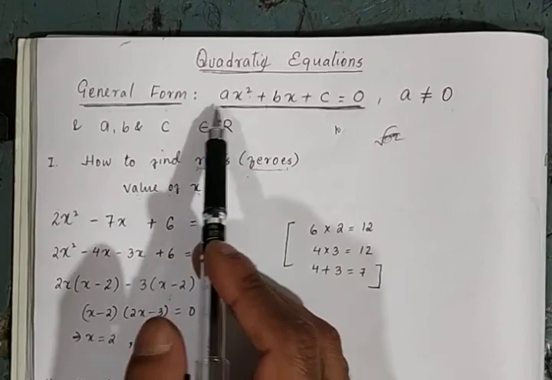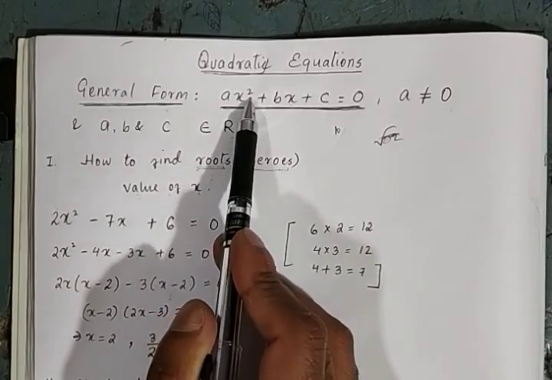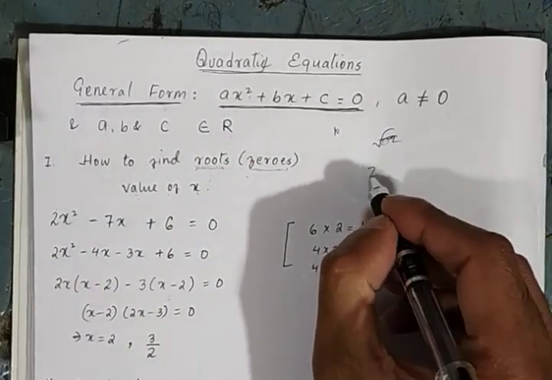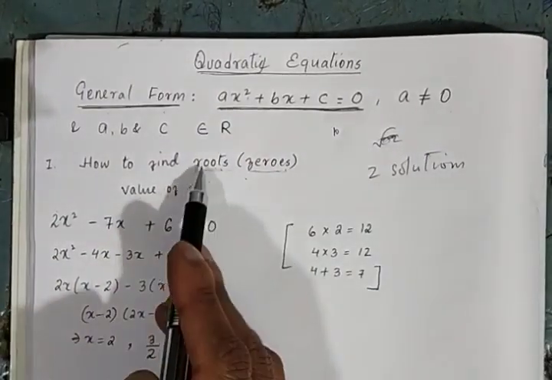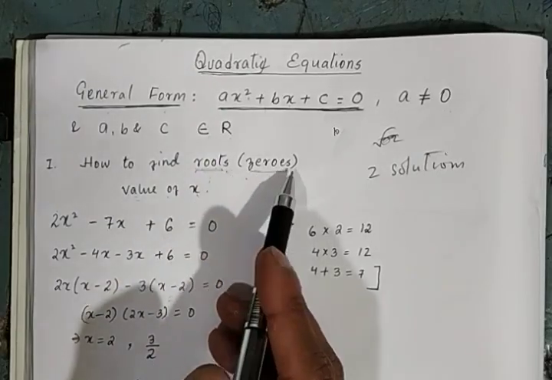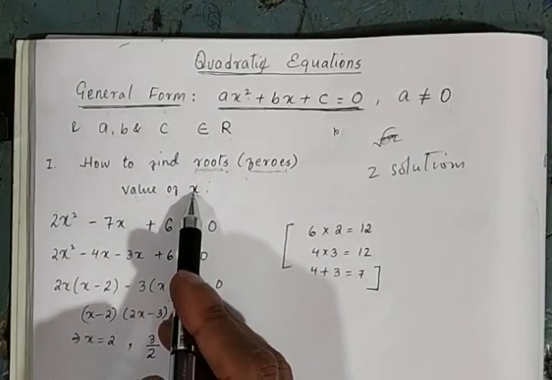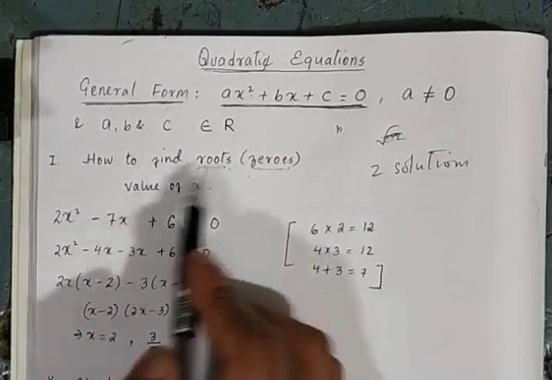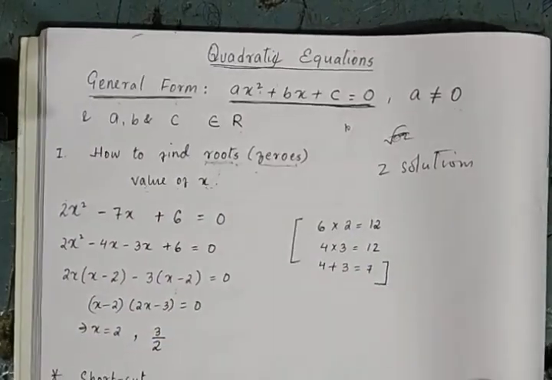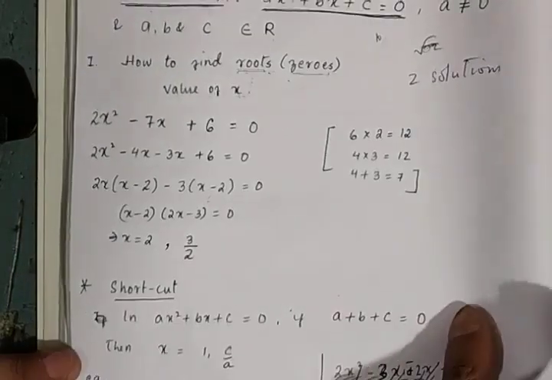Now as this has the power 2, it will always have two solutions. A quadratic equation always has two solutions, which means you'll have two roots, two zeros, two values of x. All these meanings are the same.